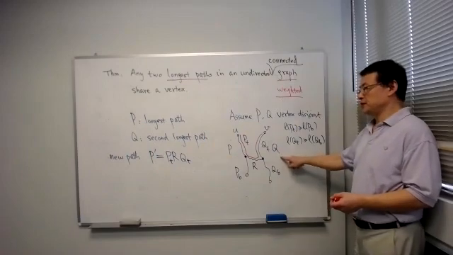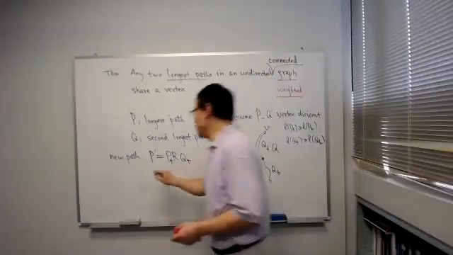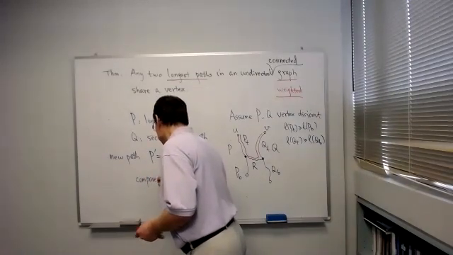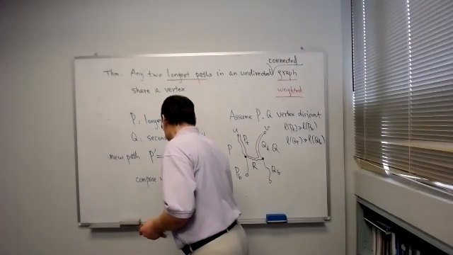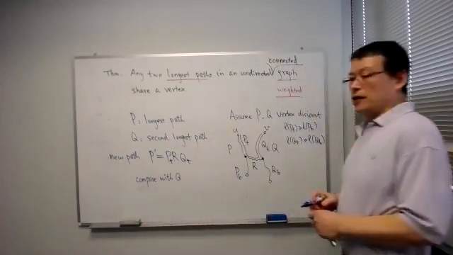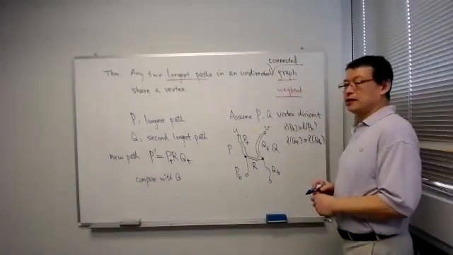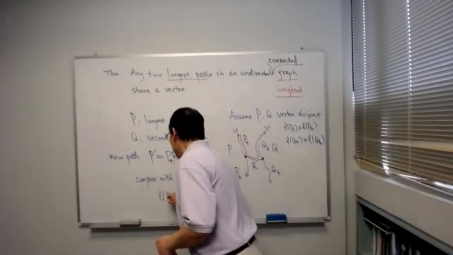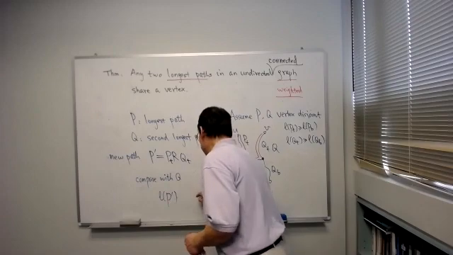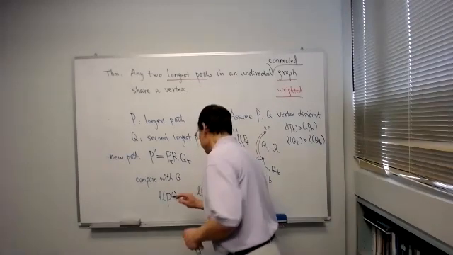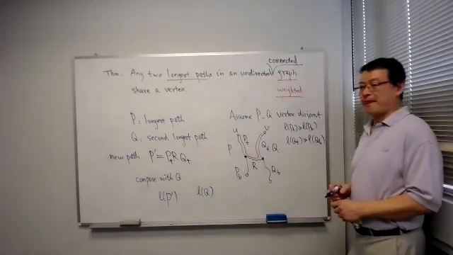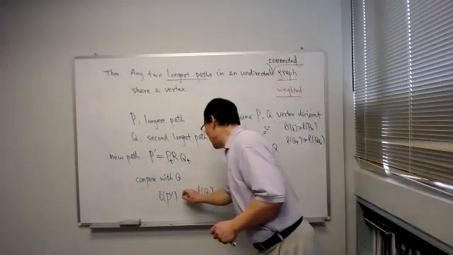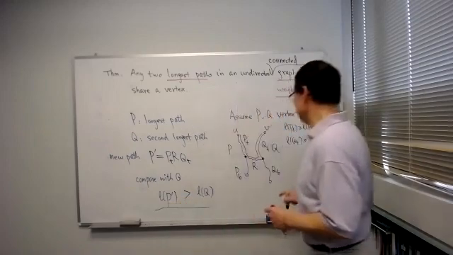Compare with Q. If we compare their lengths, the length of P's new path with Q's length, what can we say about this? This one is always more than this one.